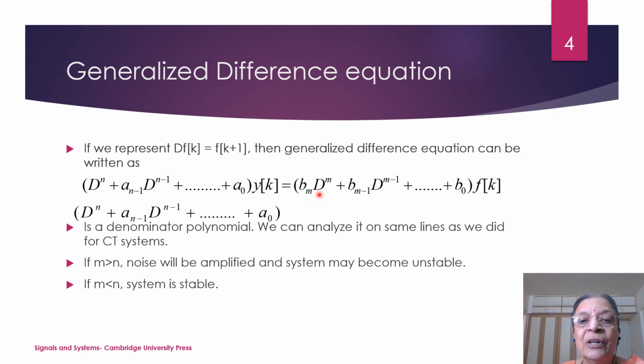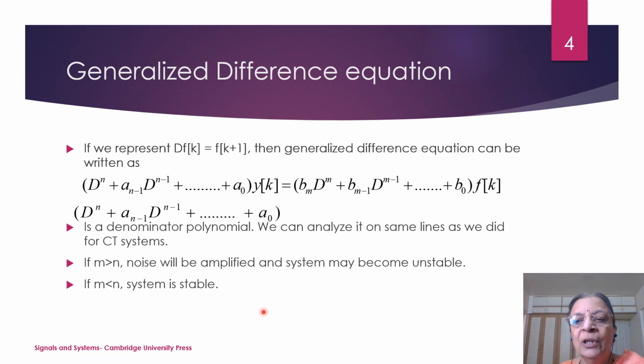Now in this case, if the degree of numerator is greater than that of denominator, the noise will be amplified and the system will become unstable. This discussion is the same as that we have done for continuous time systems. And if m is less than n, then the system will be stable. So we either assume m is less than n or m is equal to n at the most.